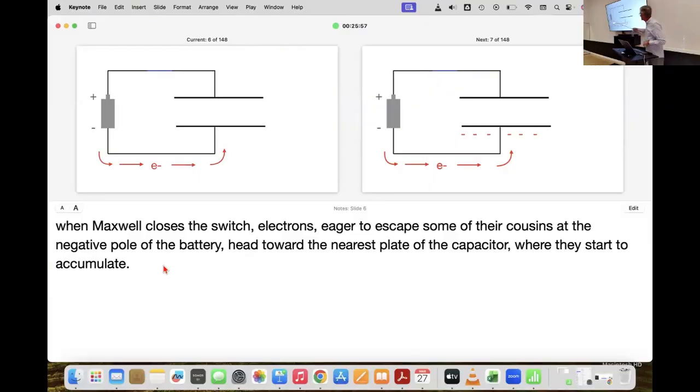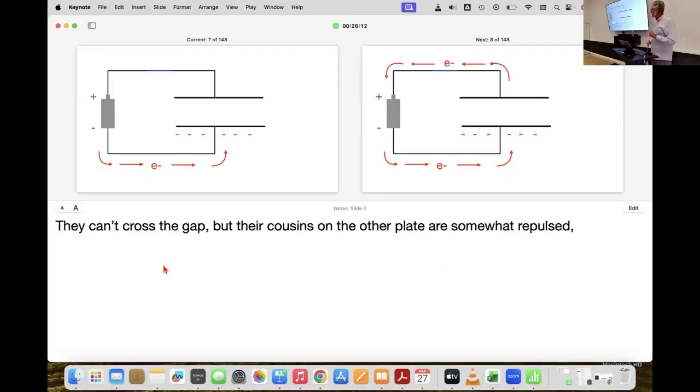these electrons here near the negative pole of the battery are eager to escape if given a chance. And so they're going to flow towards this plate, and then they can't go any further. They're blocked. But what that does is that causes negative charges to build up in excess of positive charges on this plate. So remember, before we close the switch, there's atoms in those metal plates, and there's equal positive and negative charges.